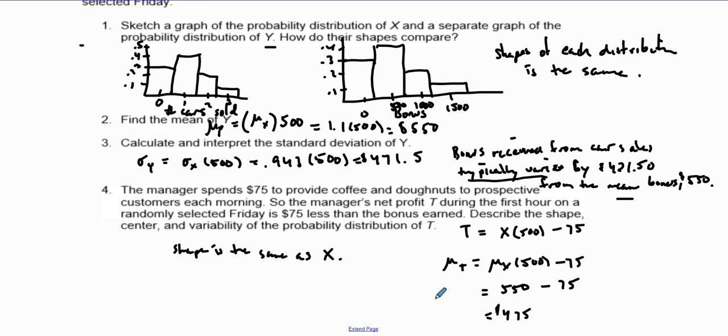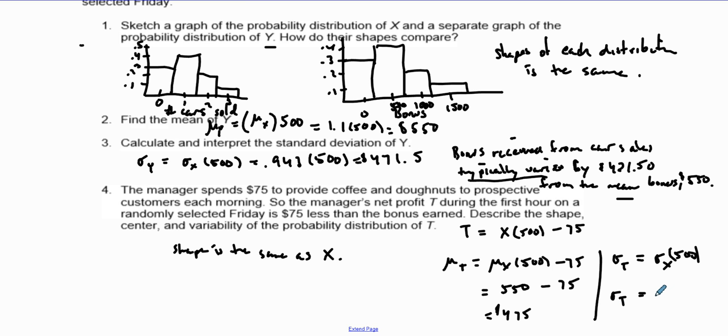And then finally, we can figure out our standard deviation of T, which is going to be whatever the standard deviation of x is times 500. But we do not subtract that, so our standard deviation of T is literally going to be the same as our other bonus.